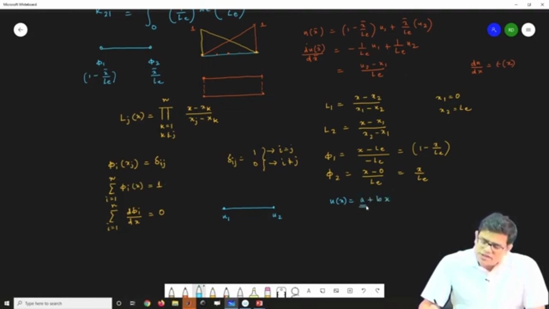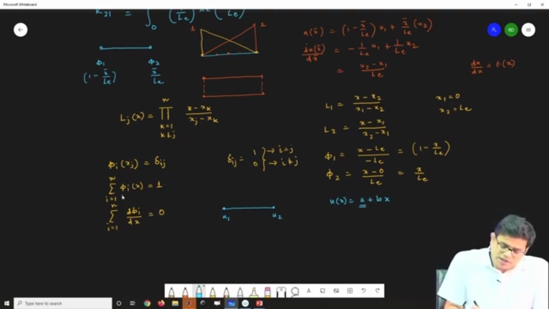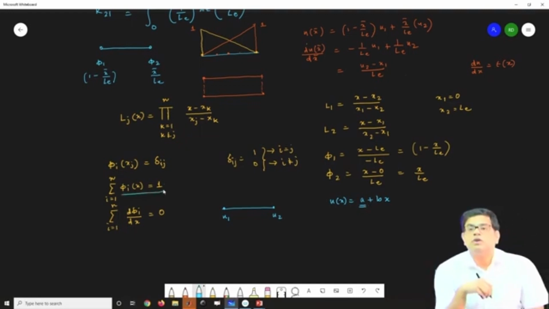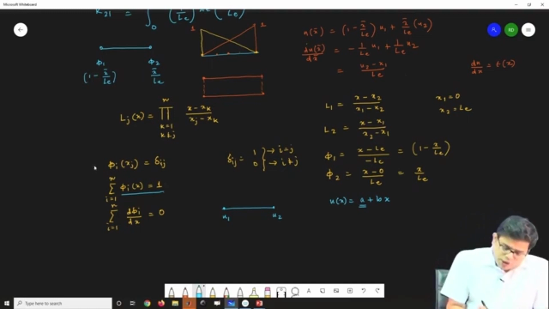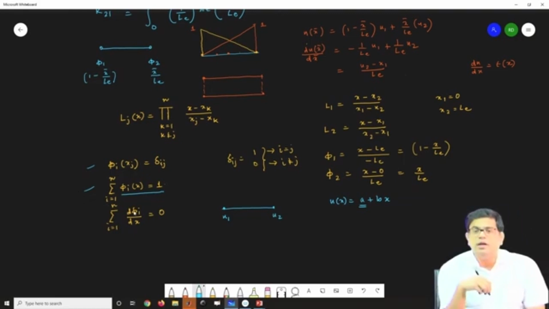Because of this constant a, it should reproduce the constant solution of the problem. That is why this property is required. So there are two interpolation properties, one of this, another of this. This one is the consequence of the other.